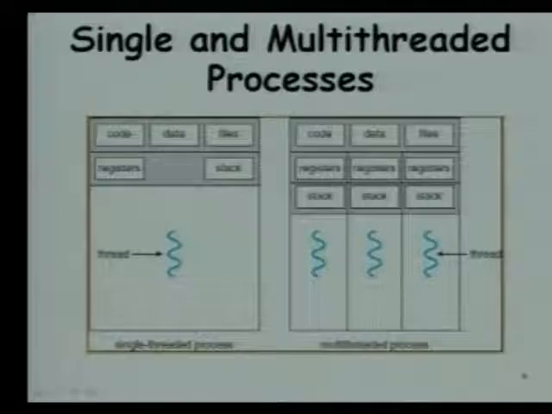This is a process. Each process has its code, data, and other files which are open and being accessed, registers and stack which are private to this process, and it has a single thread of execution. Whereas we can create multiple threads in a process. So, here the code, data, and open files are common. They can be accessed by any thread here, whereas each thread has its own separate registers and stack.